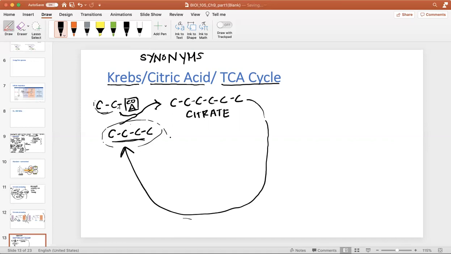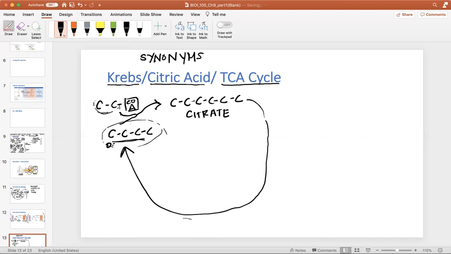And I was going to give you the name of the 4-carbon molecule. I don't even remember it off the top of my head. It is called, hang on. Oh, yeah, it's called oxaloacetate, okay?